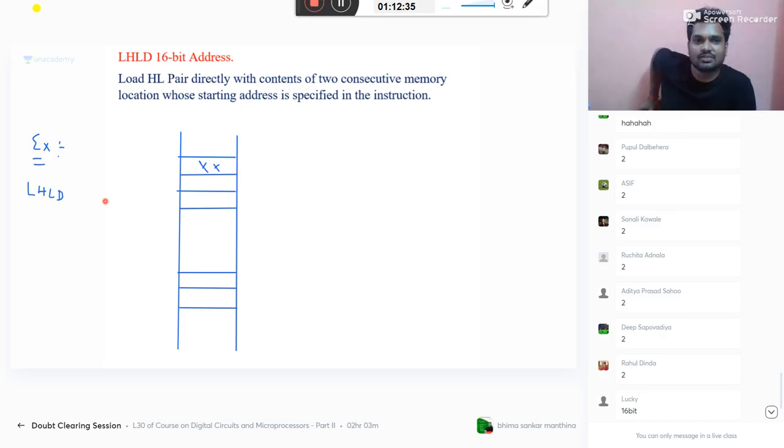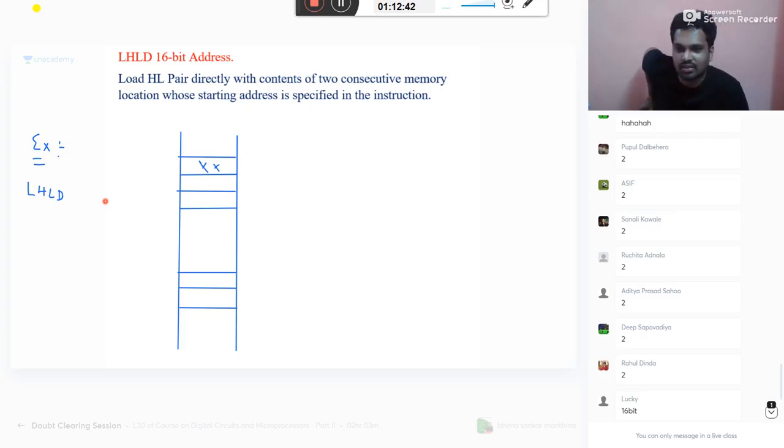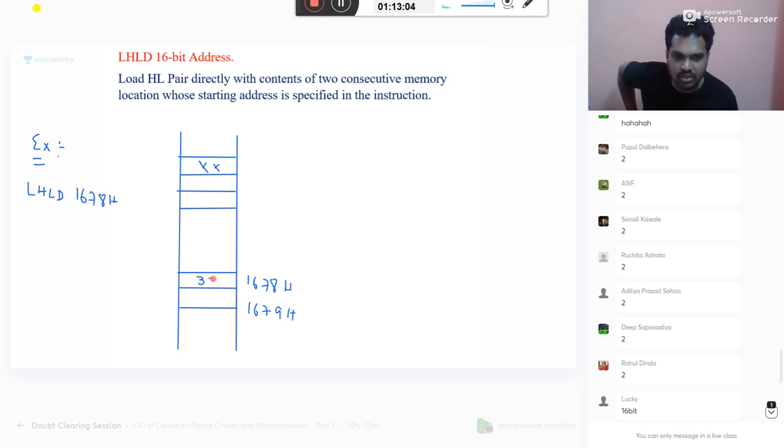Why are you giving 8 bits? Yes, 1678, I like it. Hexadecimal 1678. So at this address 1678 and 1679, you have 2 bytes of memory. That may be some random value, 33.